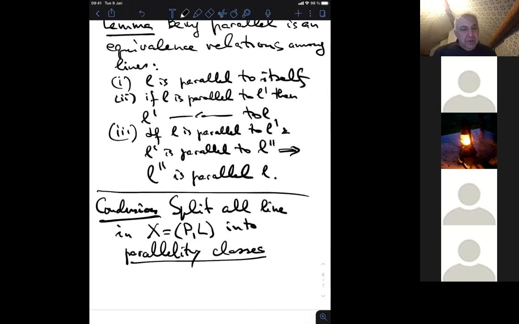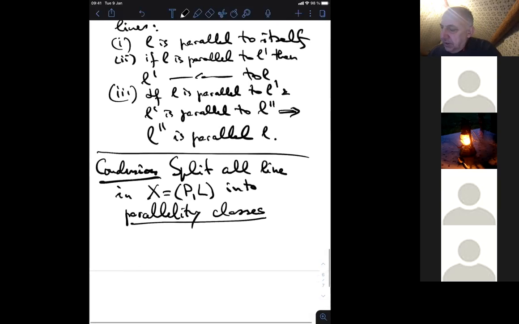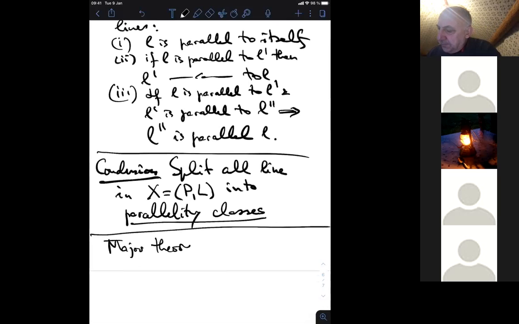Now the following key theorem is important. This is really a major theorem in this area.